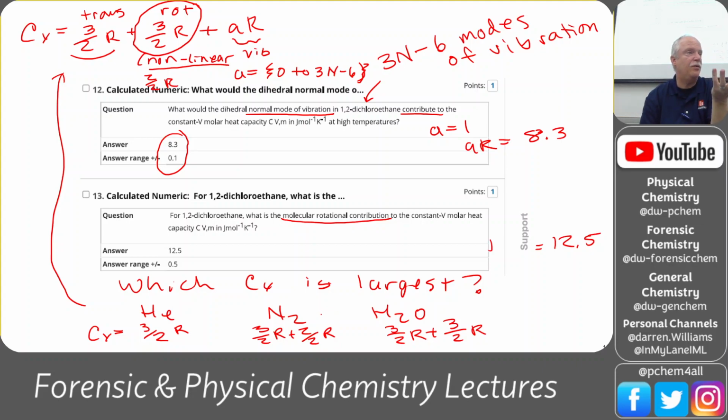Let's say you weren't paying attention and you didn't clue in that at room temperature, vibrations aren't active. And so let's say you included the vibrations. How much would we have for the vibration of nitrogen? Let's pretend that one is active. Yes, we'd have just one more R for that because we just have one vibration.